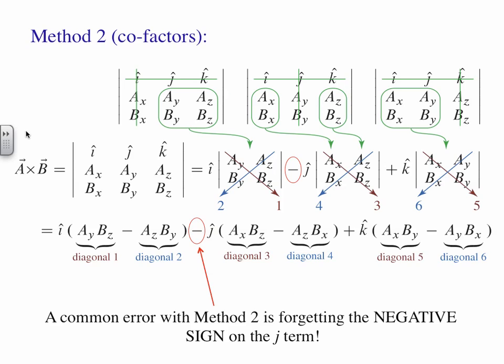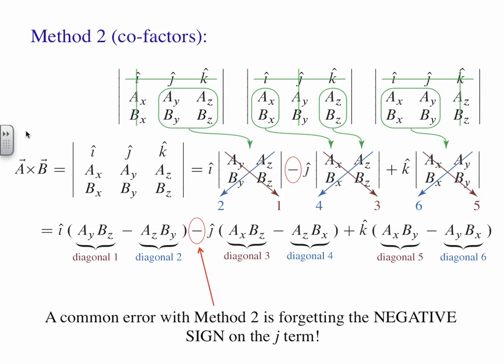If we want the i component, we strike out the i row and i column, so that we are left with a 2x2 array involving the y and z components of the two vectors. The scalar magnitude of the i component results from the sum of the diagonal products, with the sign positive if upper left to lower right, the red diagonal, and the sign negative if upper right to lower left, the blue diagonal. The j and k components are formed in a similar fashion.